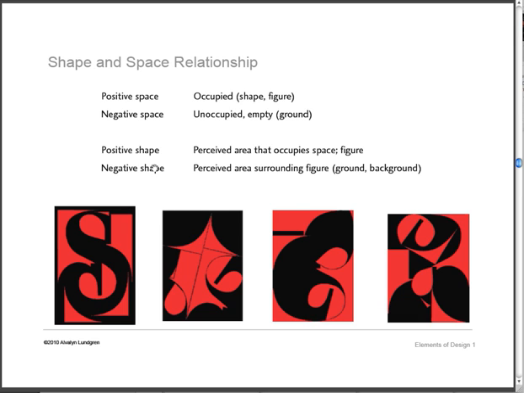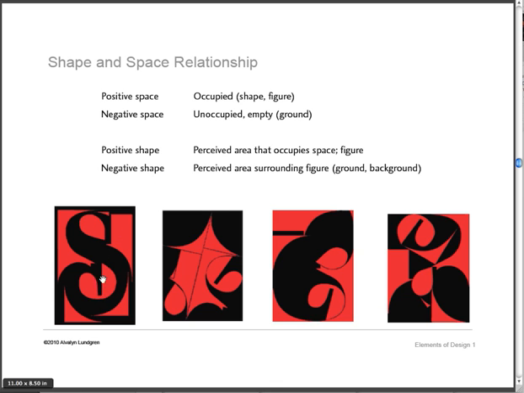A negative shape is an area that is negative, perceived as ground, but it actually is totally enclosed. So if we look at the S, we're going to see the black S as the positive shape, and we're going to see the red area as negative, or the ground.